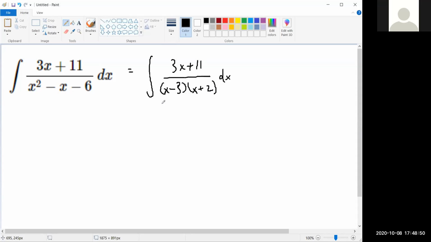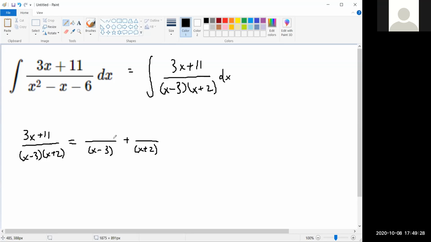Okay, so you factor the denominator. And then what you want to do is make a separate fraction for each factor in the denominator. So this is going to be some side work. We want to rewrite our original integrand, 3x plus 11 over x minus 3, x plus 2, as one fraction with this denominator plus another fraction with the other denominator.